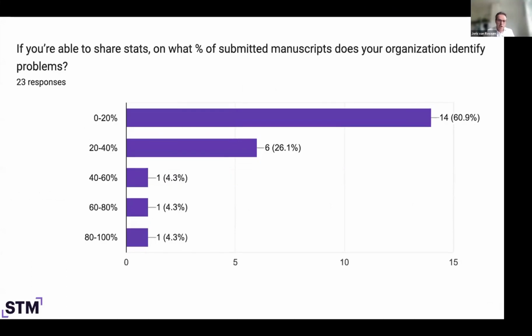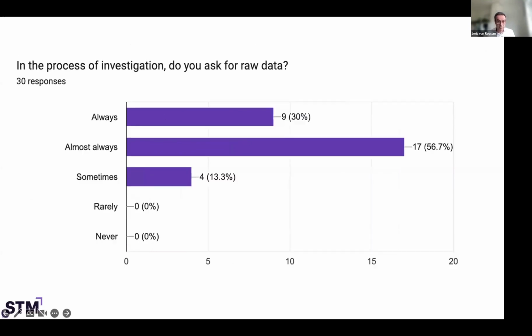If you're able to share statistics on 1% of submitted manuscripts, does your organization identify problems? Results here, 0 to 20%, 60.9%, and 20 to 40% is 20 over 25%. Question: in the process of investigation, do you ask for raw data?